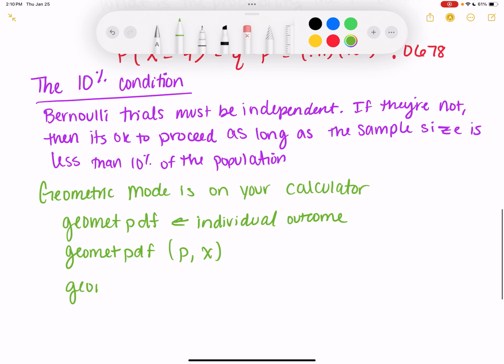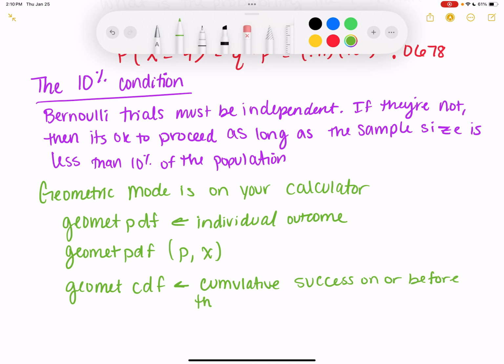So GEOMETCDF is the cumulative probability of the first success on or before the Xth trial, whatever that number ends up being. Now, probably the most common thing is people not knowing which one to use when, so hopefully through the examples that we do, you'll be able to see what to use in each scenario.